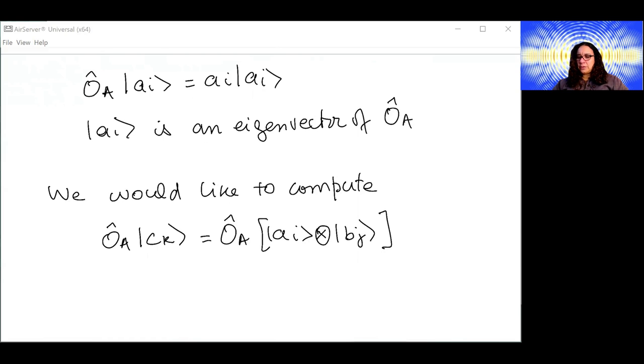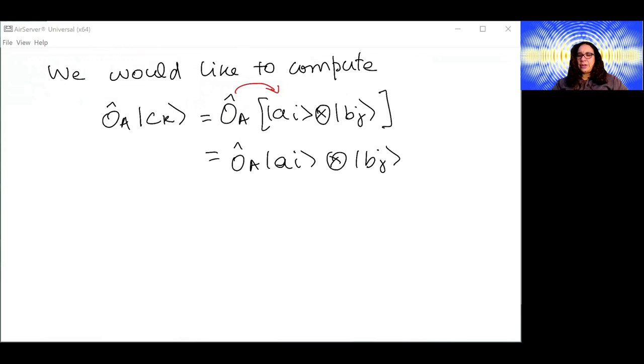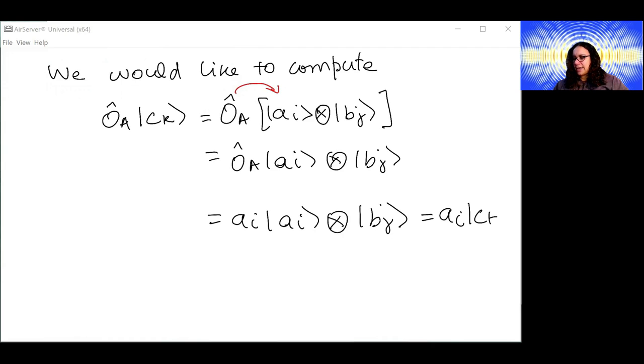So you're going to have OA acting on AI tensor product BJ, and you end up with the eigenvalue a_I times AI tensor product BJ, which is equal to a_I times CK, which means that OA also solves the eigenvalue equation in the compound system.